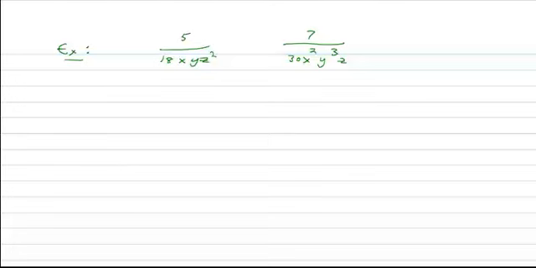So we have these two expressions, and we are told to find the least common denominator and then rewrite these expressions with that denominator. So the first step, of course, is to factor all denominators, but these denominators can't be factored. And so the next step is to start building our LCD.